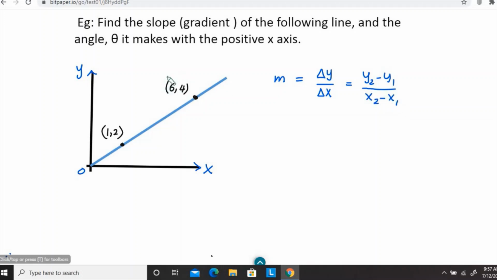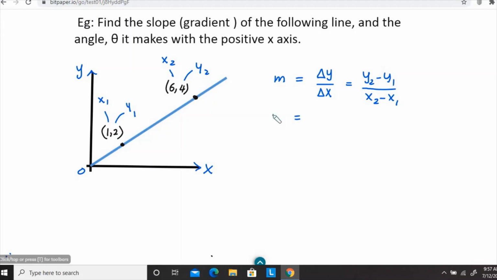So I'll consider this coordinate as my x2, y2, and this is my x1, y1.